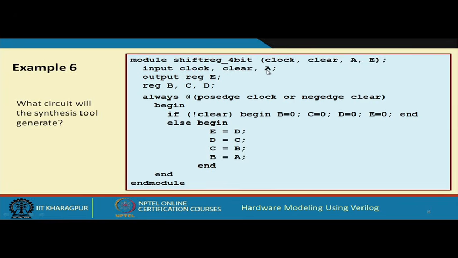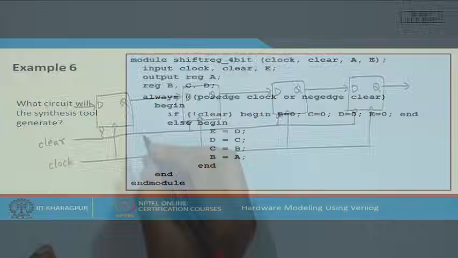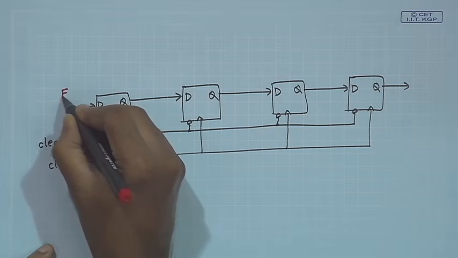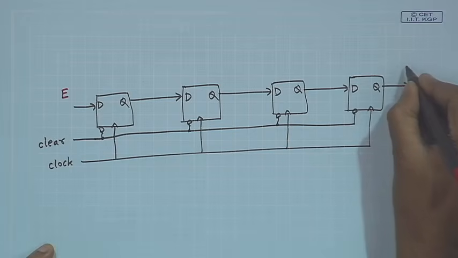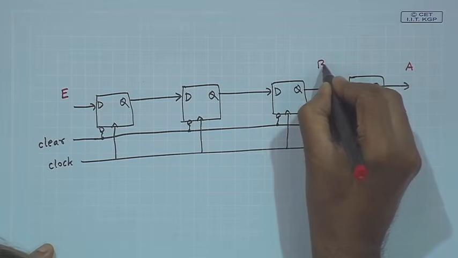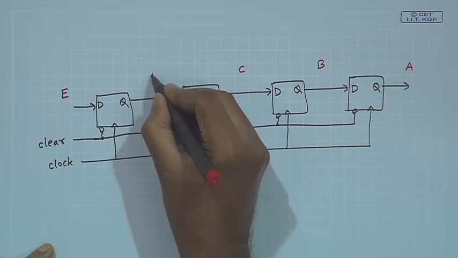Actually, what we want here is a shift register where we call this E, we call this A, and the intermediate points B, C and D.